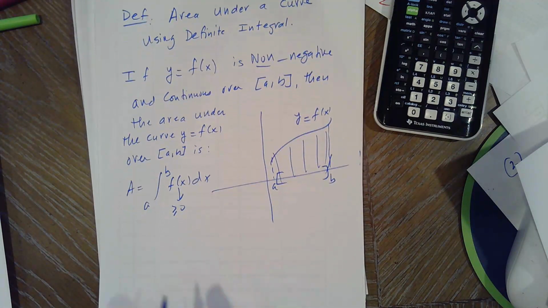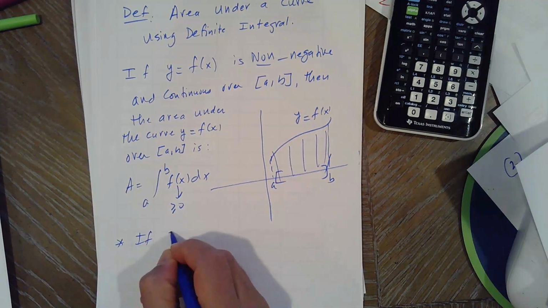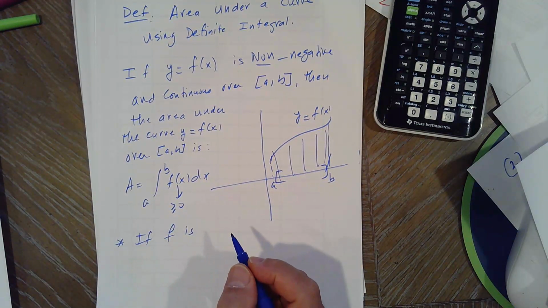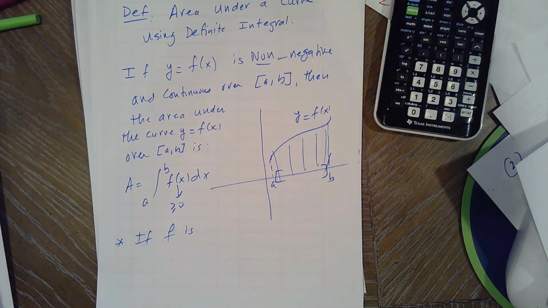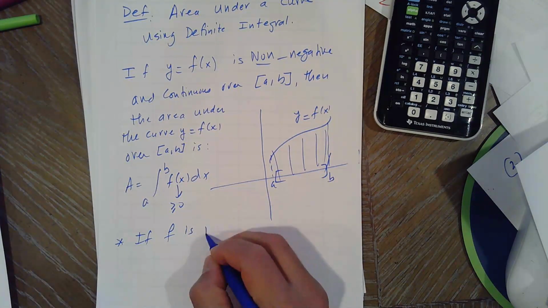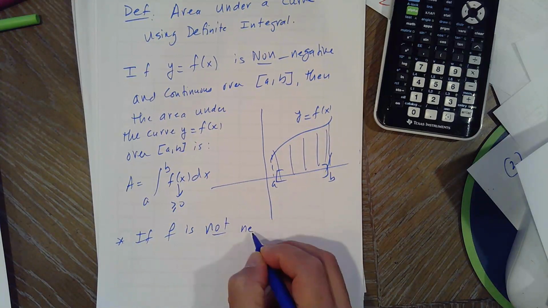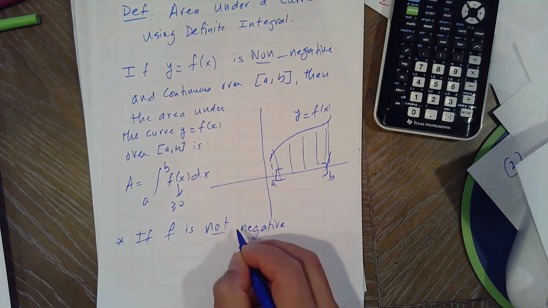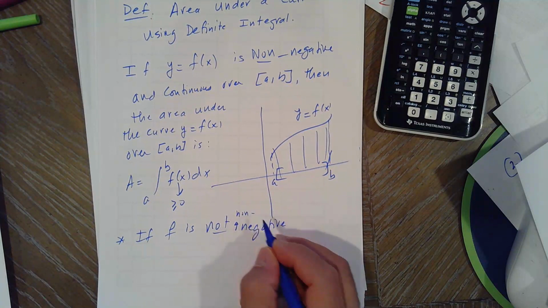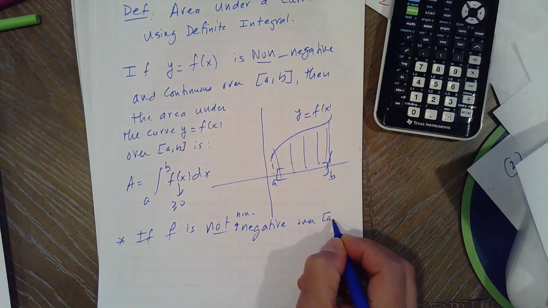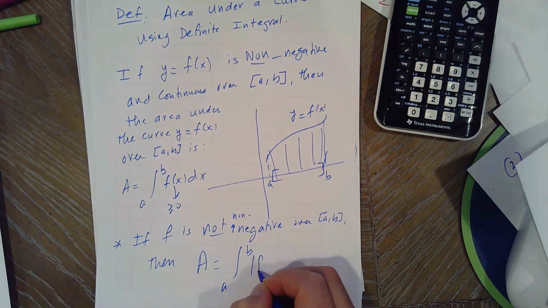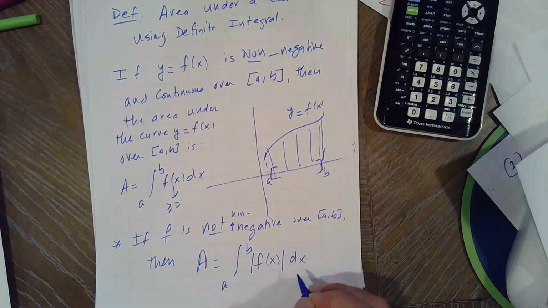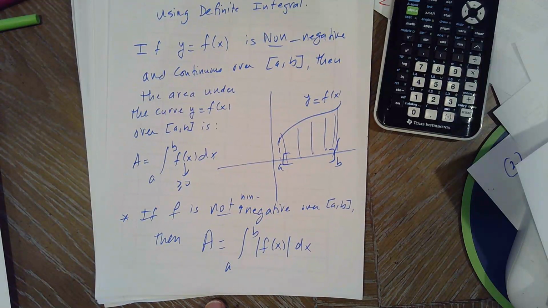Now, if f is not non-negative, which means it could be positive, could be negative, over a, b, then I make sure it's positive, so we're going to put absolute value. Okay, can't do area if the function is negative.